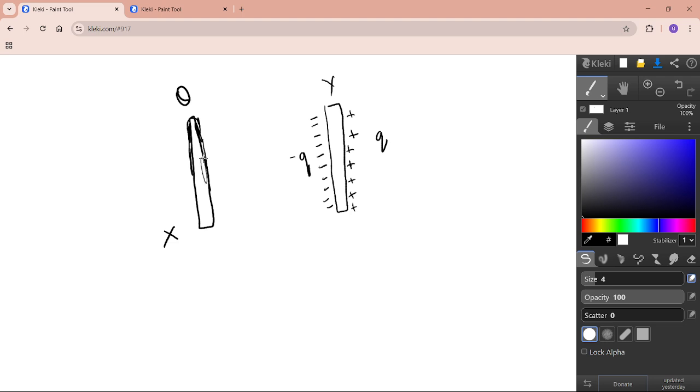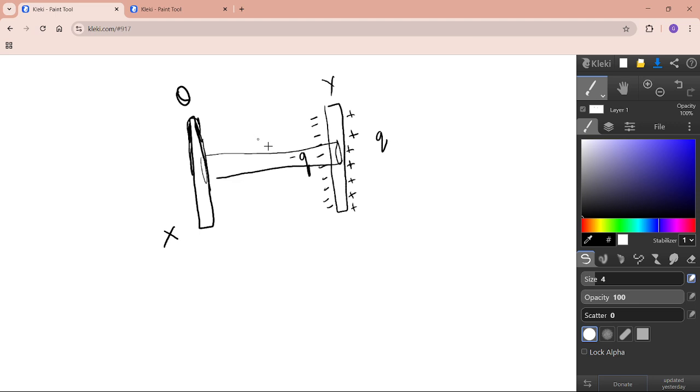If we take a Gaussian surface, of course, the net charge inside must be what? As the electric field is 0, the charge inside must be 0.